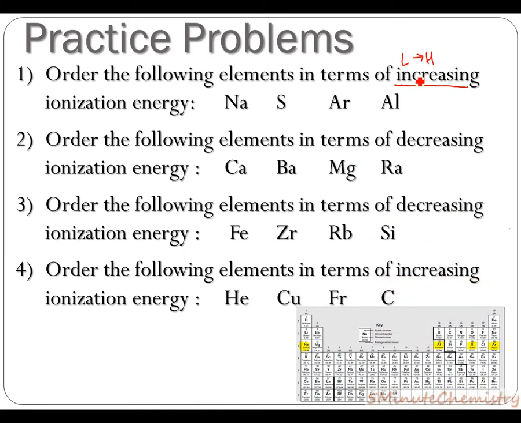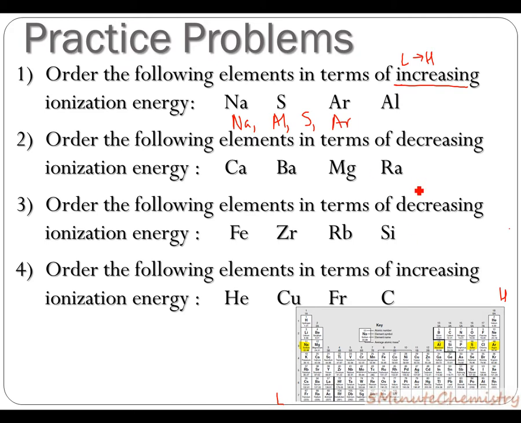If I want increasing ionization energy, I want to go low to high values. And you'll recall that the lowest values are bottom left, the highest values are top right. So I want left to right: sodium, and then aluminum, then sulfur, and finally argon, if I put those in order.